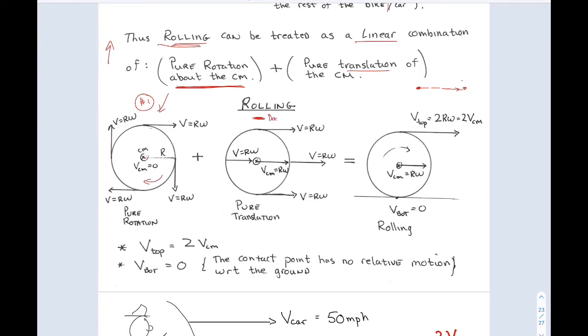The door handle's moving to the right. Every point on the wheel is translating to the right with the same speed as every other part of the wheel: the mirror, the hubcap, your backpack. So here I have a linear combination of pure rotation about the center of mass plus pure translation of the center of mass.